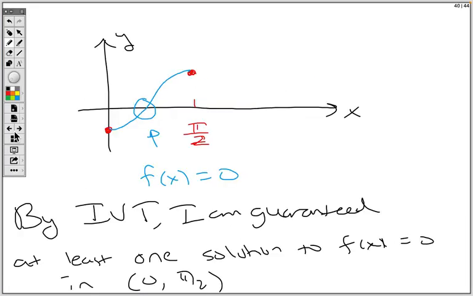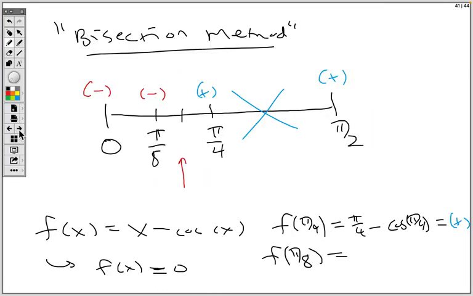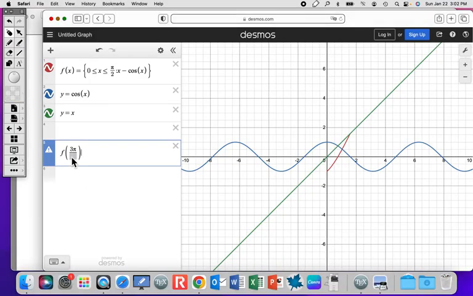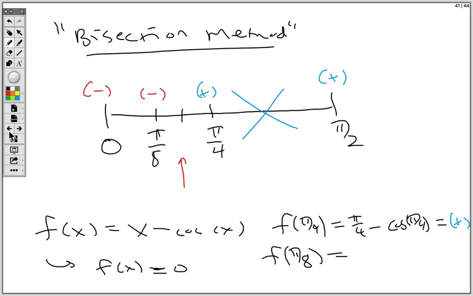F of 3 pi over 16 is a negative number. Which means then I could now chop this interval in half, etc., etc. So you can see how we're narrowing down the x-coordinate of that x-intercept.